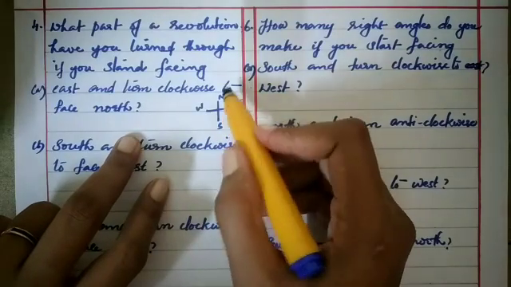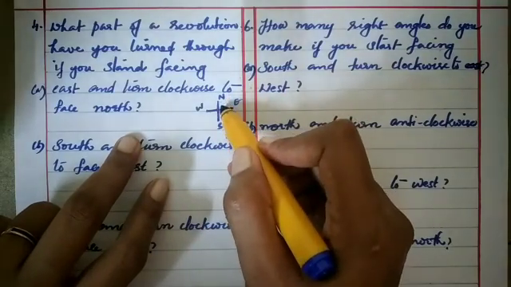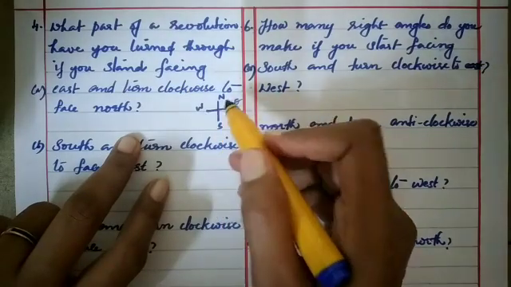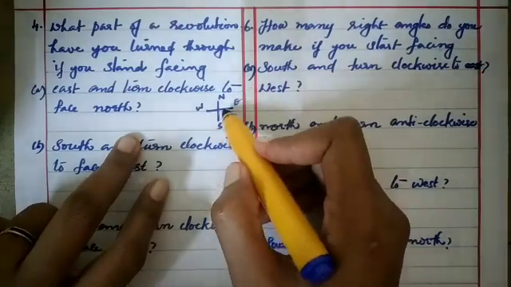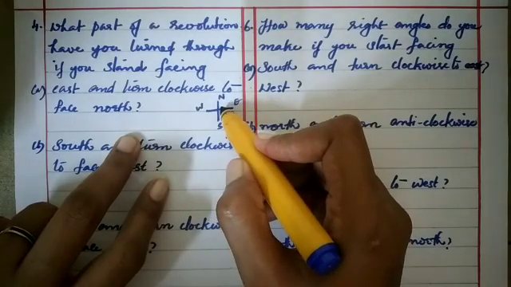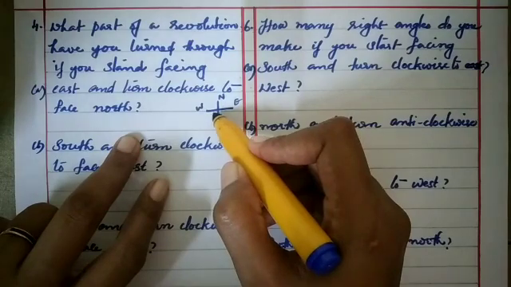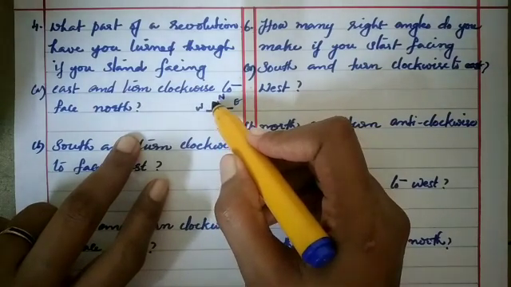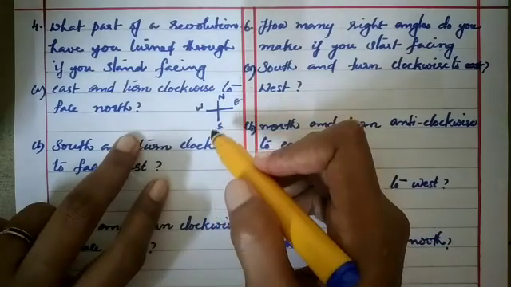Starting from east, it's the clockwise direction: east to south, then south to west, then west to north.